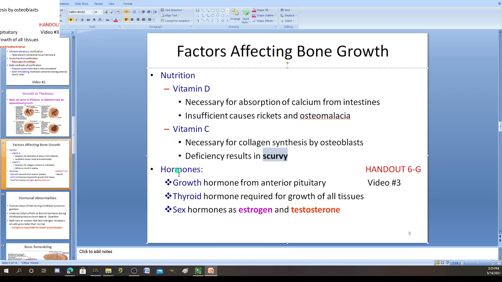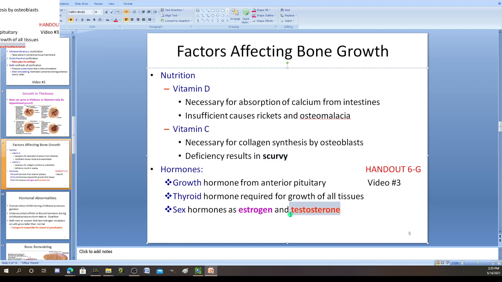And then, of course, our hormones, right? So I just mentioned that human growth hormone is going to affect bone growth. Our thyroid hormones are going to be responsible for the metabolism of the bones and causing bone growth. And then our sex hormones, estrogen and testosterone.